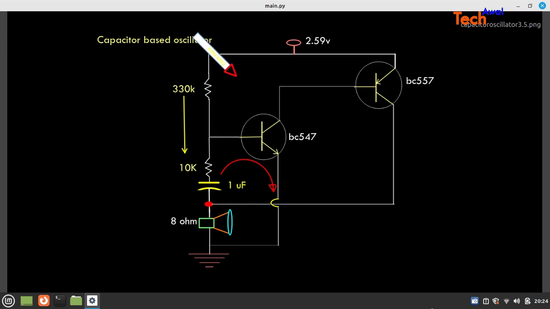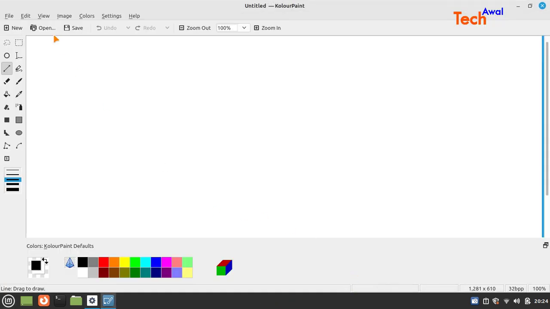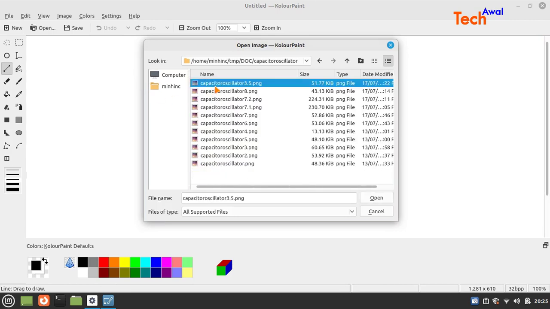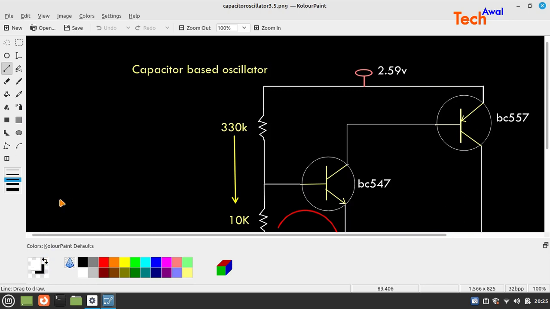The capacitor charges from both paths, so I think that would be a better explanation. The capacitor is getting charge from this path also, because of the voltage from this path also.